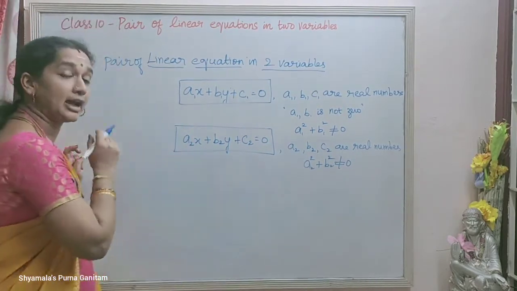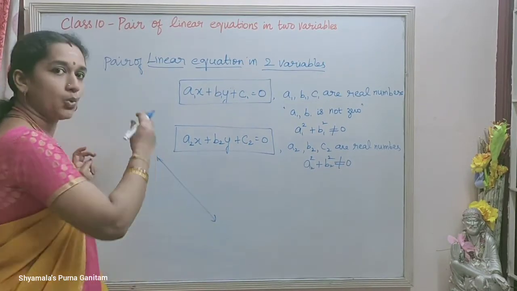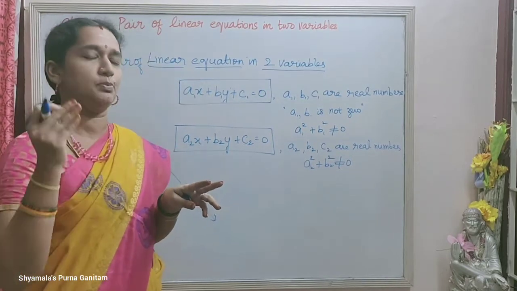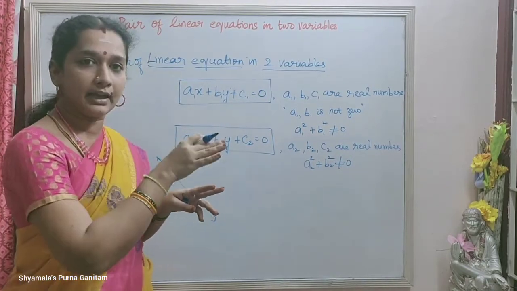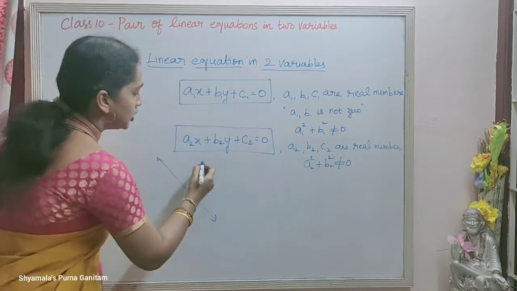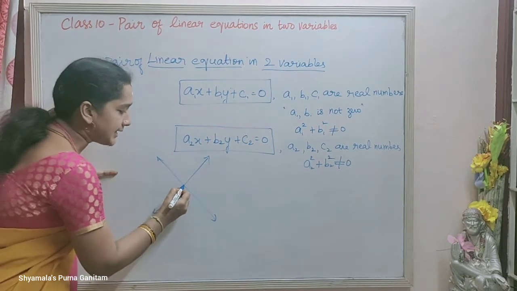That is, three types of lines you will get when you find the solution of this pair of linear equations. When you solve the two equations and plot them in the graph, you will get three types of lines. One is intersecting lines.